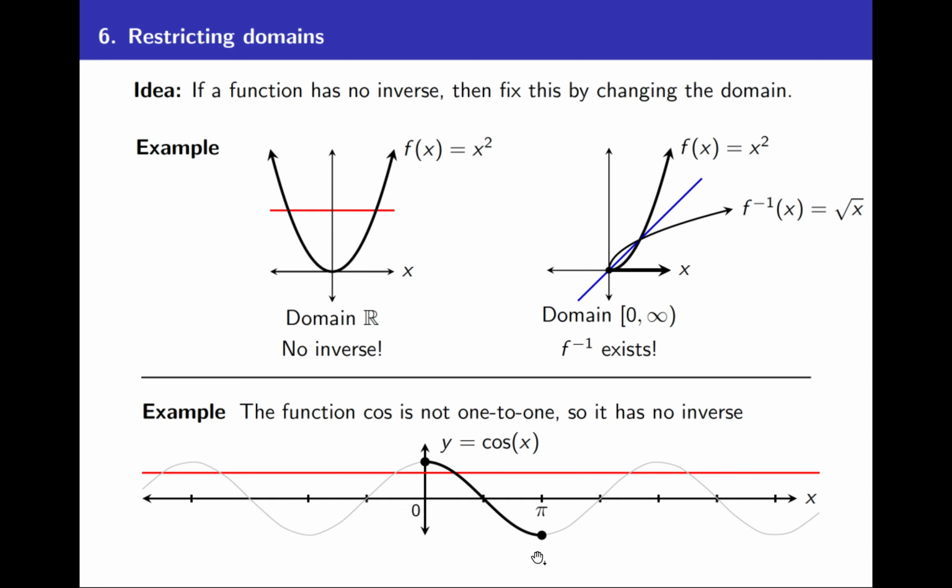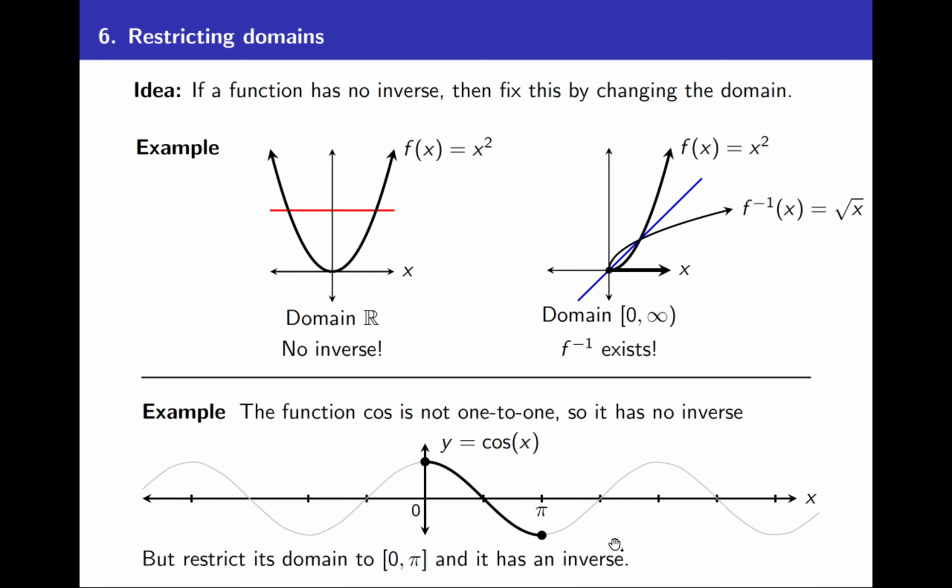And any horizontal line crosses that at most once. So that restricted cosine of x with the restricted domain is suddenly one-to-one. If we restrict its domain to the interval from 0 to pi, it has an inverse. So this idea will be significant later. So more on this later.